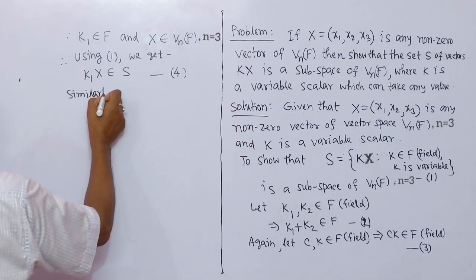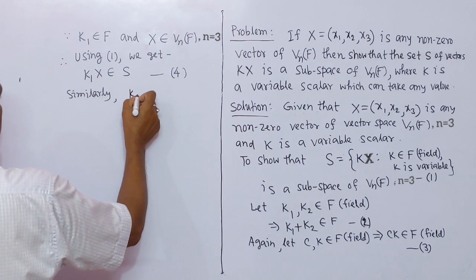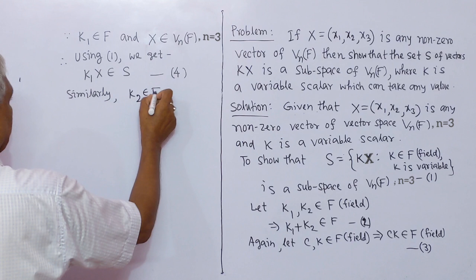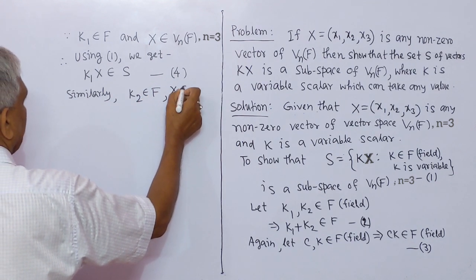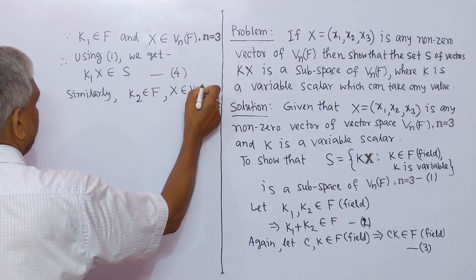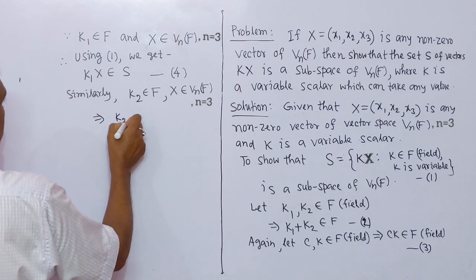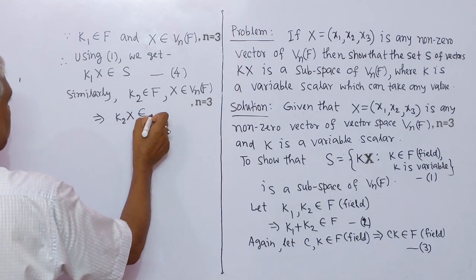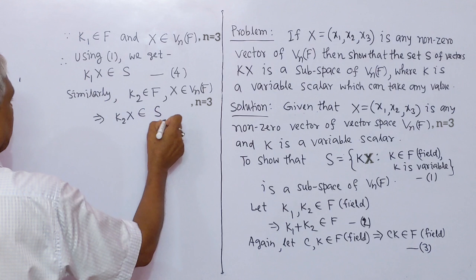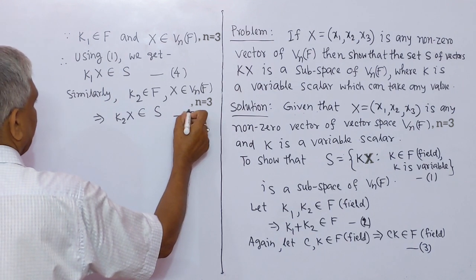Similarly, K2 belongs to F, X belongs to VNF, implies that K2X belongs to S. This is number 5.